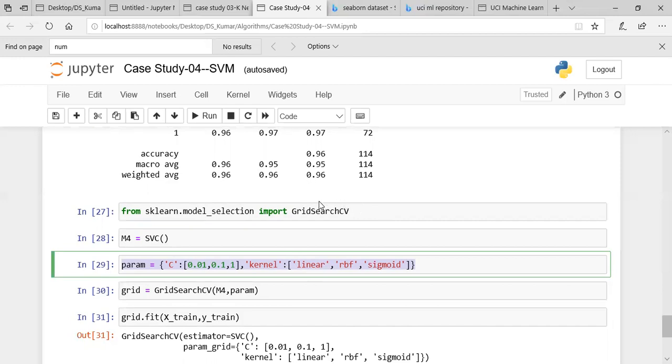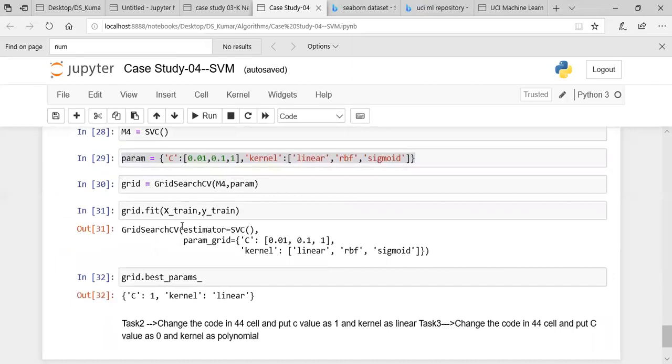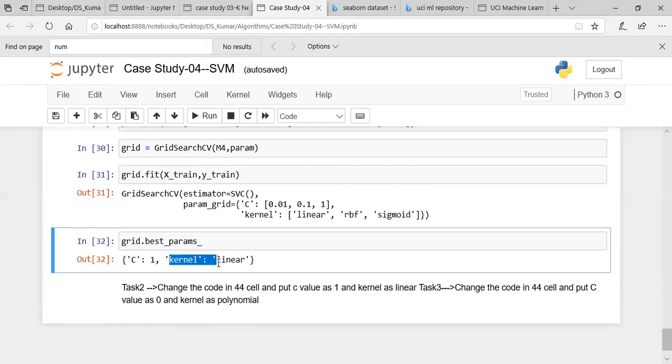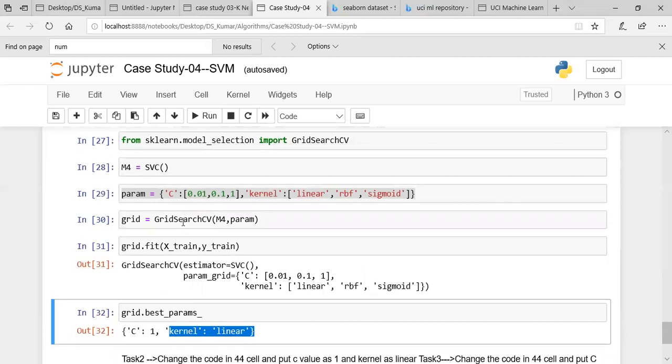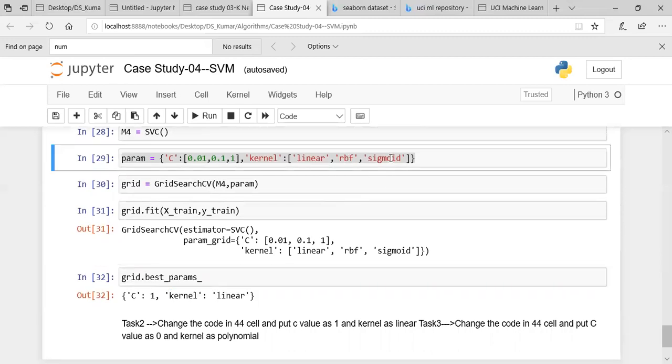Simply what I can do is depute this GridSearchCV, and it says your SVC performs well if your C value is 1 and if you use the kernel as linear. You need not go for a C value of 0.01 or 0.1, and you need not go with the kernel trick of RBF and sigmoid.